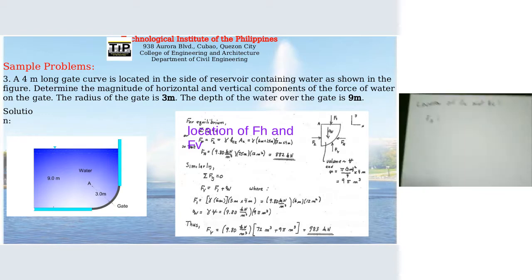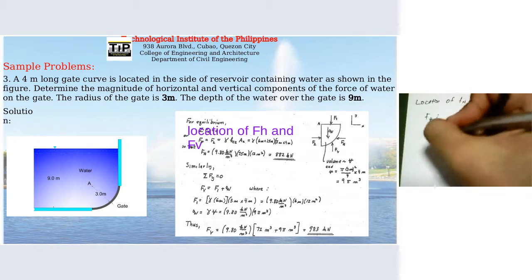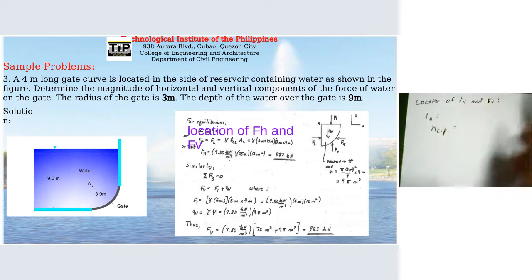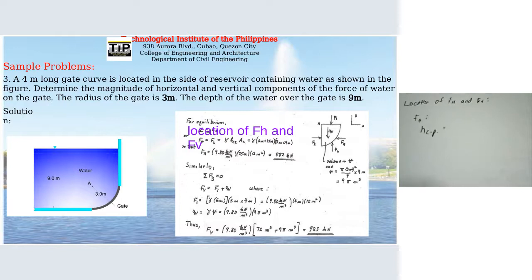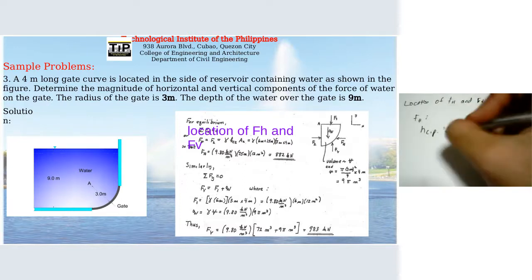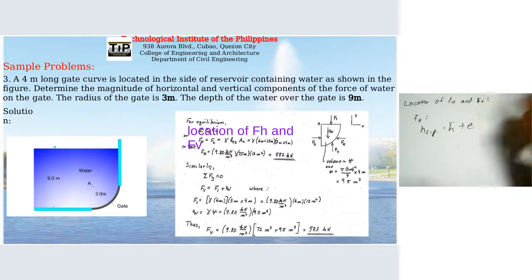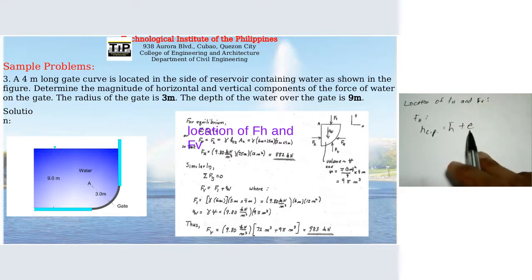So F sub H, the location, can be computed by solving the center of pressure, okay? The depth of the center of pressure. So recall h sub Cp can be computed by h bar plus the eccentricity.